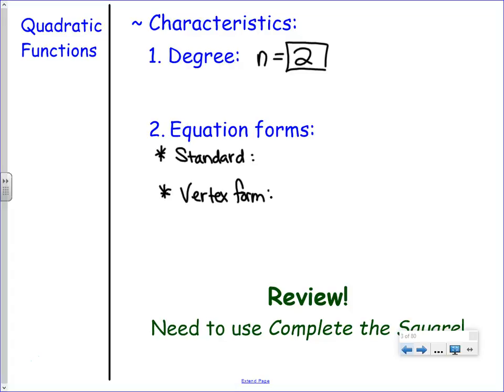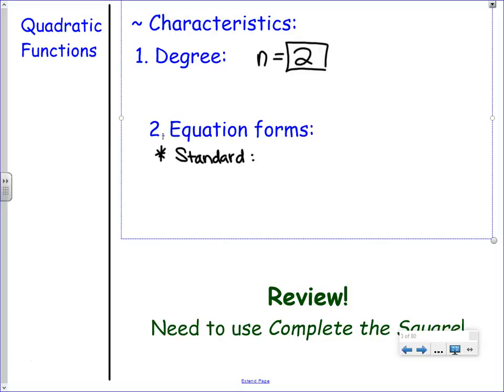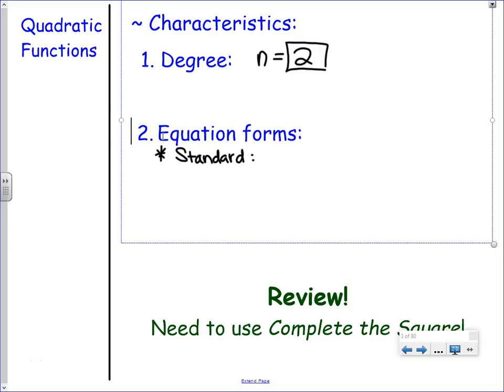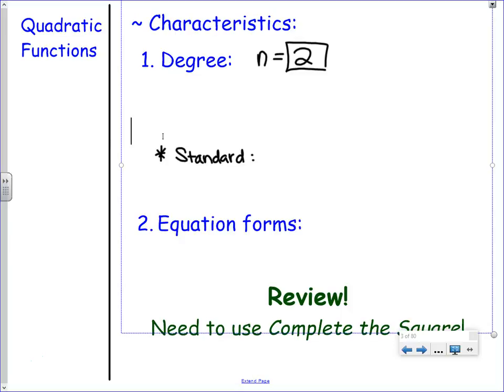Equation forms. To make this simple, let's just go here. Our book teaches it a little bit differently than I have in the past. I'm going to add in one more thing real quick.